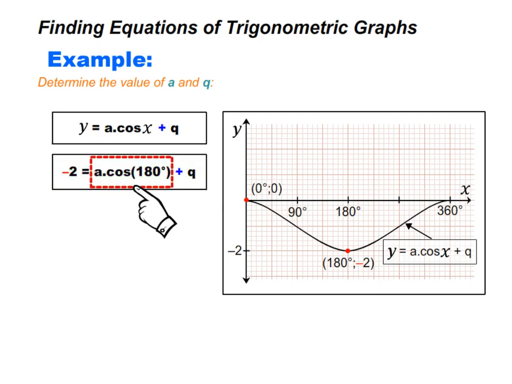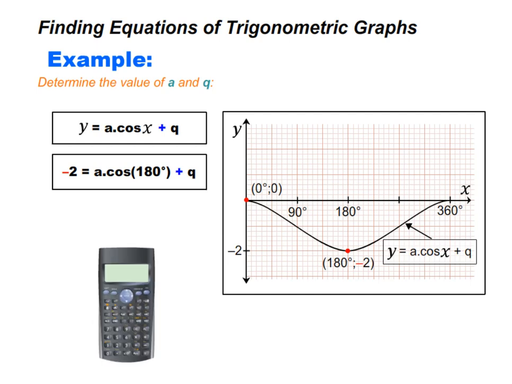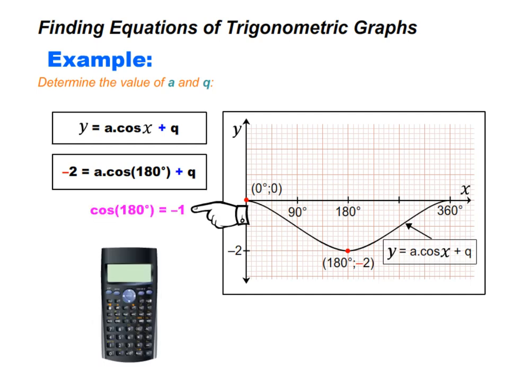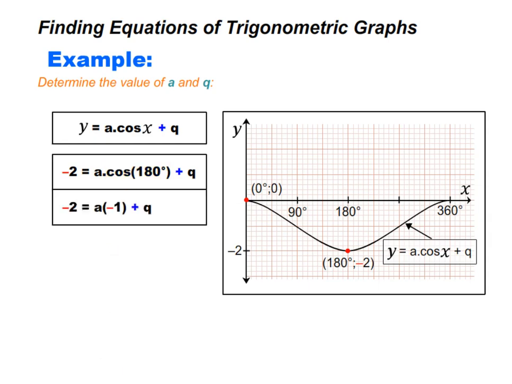Look at this part. Using a calculator, we see that cos 180 degrees is equal to negative 1. So let's put minus 1 in the place of cos 180 degrees. So far we have negative 2 is equal to a multiplied by minus 1 plus q.